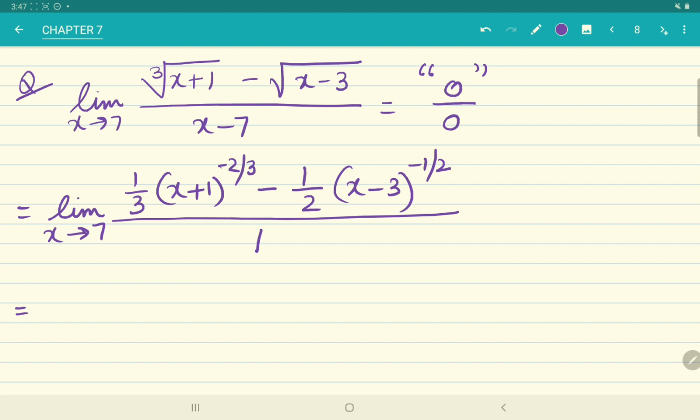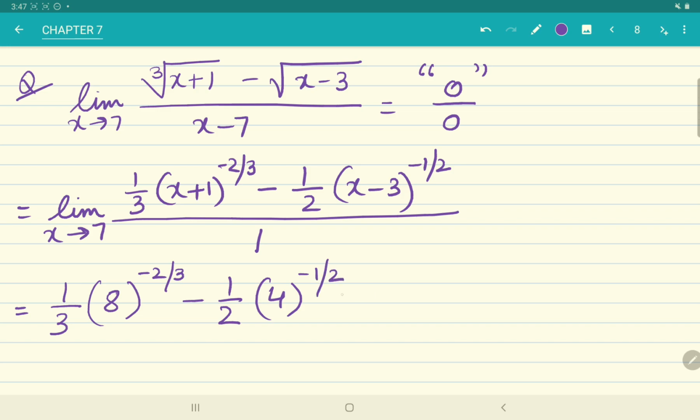Now you can think of this as 1 by 3 into 8 raised to the power minus 2 by 3, minus 1 by 2 into 4 raised to the power minus 1 by 2. This turns out to be 1 by 12 minus 1 by 4, and that is nothing but minus 1 by 6. So the answer in this case is minus 1 by 6.